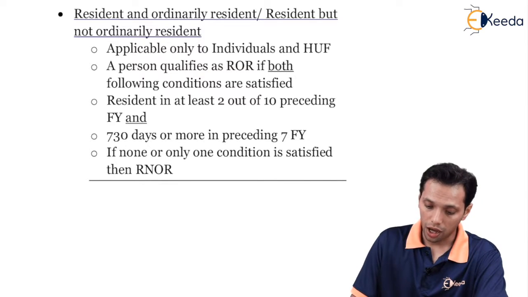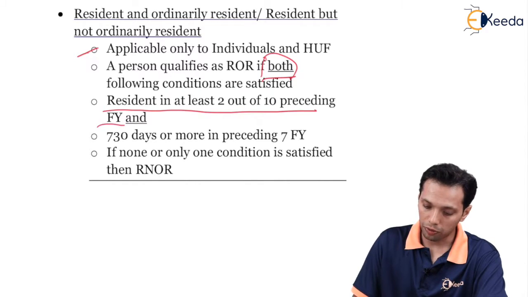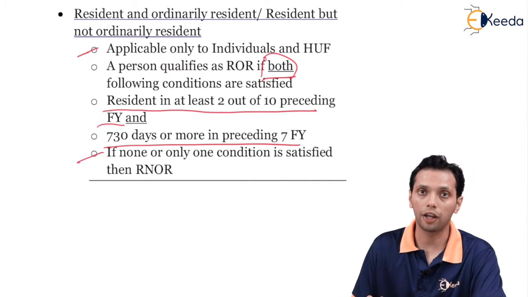ROR and RNOR are applicable only to individuals and HUF. A person qualifies as ROR if both conditions are satisfied: resident in at least 2 out of 10 preceding financial years, and 730 days or more in the preceding 7 financial years. If none or only one condition is satisfied, then the person will qualify as RNOR.